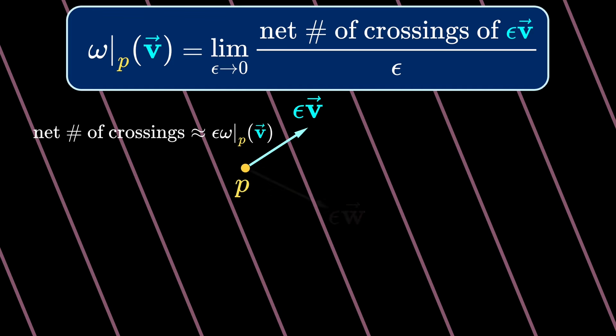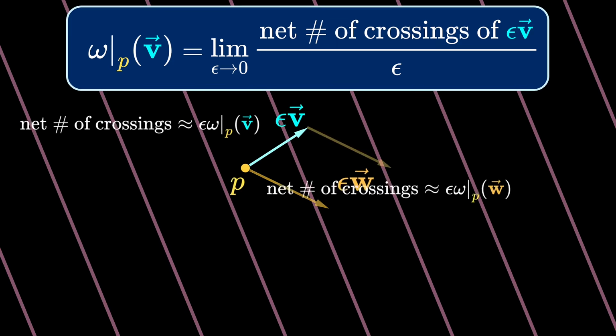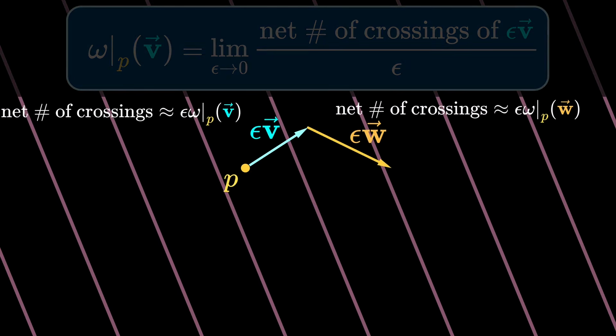If we now add a new vector, epsilon w, in the picture, then by definition, the number of crossings is also roughly epsilon times omega at p acting on w. Due to the homogeneity of the lines, even if I translate this vector, it crosses the exact same number of lines.